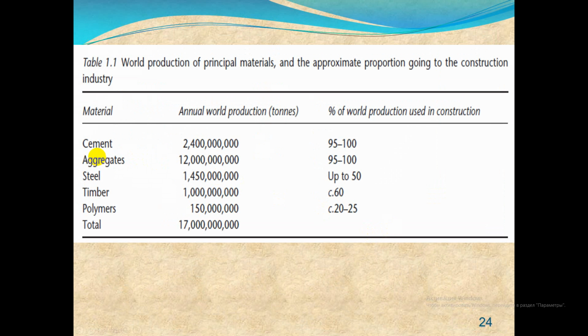So, world production of principal materials and the approximate proportion going to the construction industry. Cement, 100% of world production used in construction.